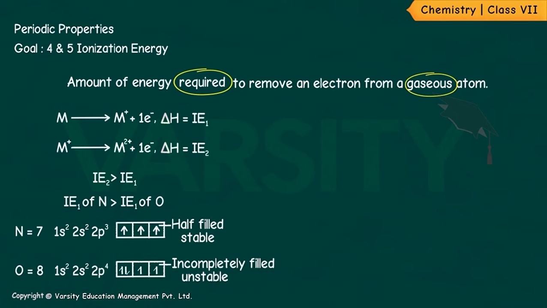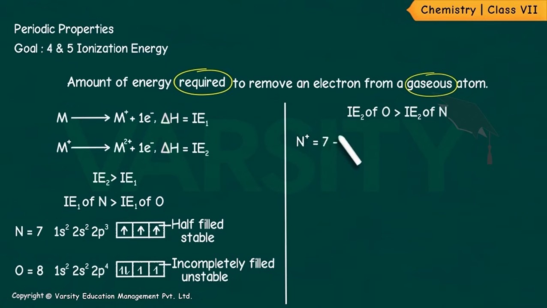So it has only 2 electrons in p. As it is partially filled, it is unstable. Whereas for oxygen, it is 8 minus 1, which is equal to 7. Now this is half filled, so more stable. From this, it is clear that the second ionization energy is always greater than the first ionization energy.